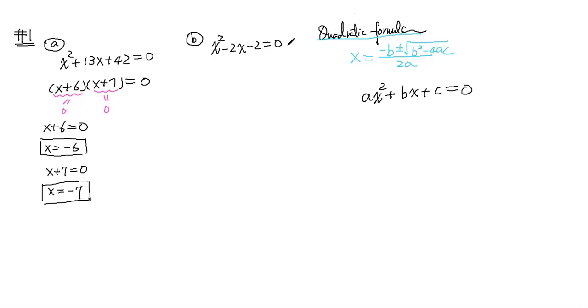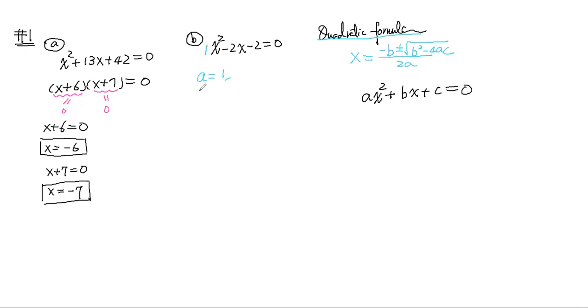We know a is the coefficient in front of x squared, b is the coefficient in front of x, and c is the constant. So for this problem, what is a? A, remember, is the coefficient in front of x squared, so a is 1.